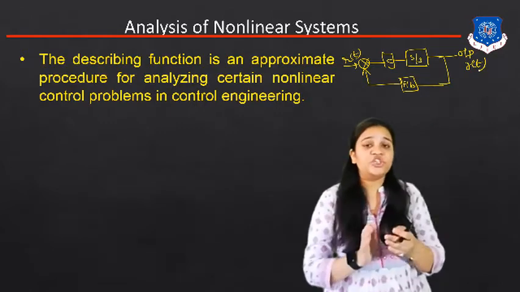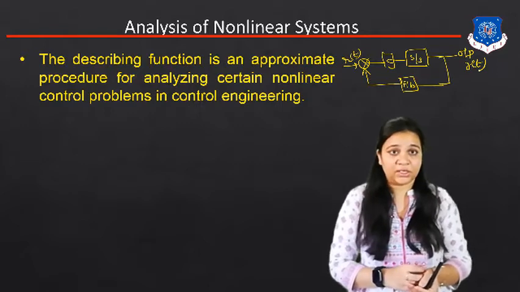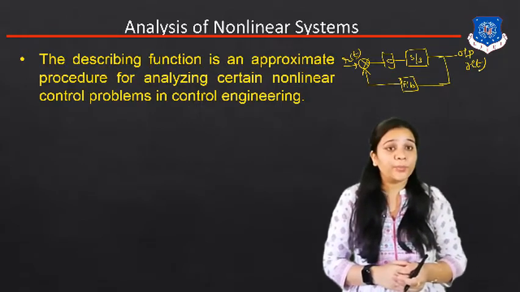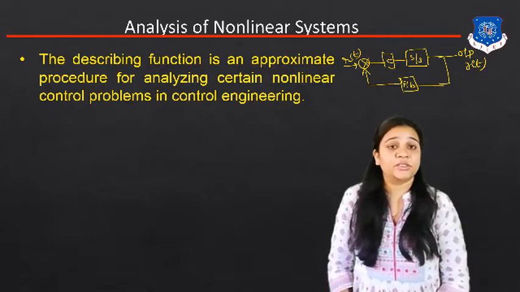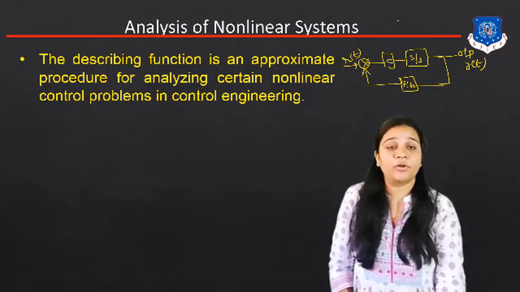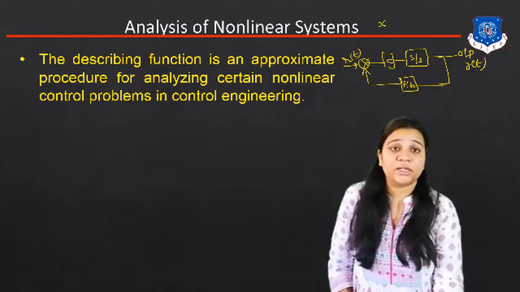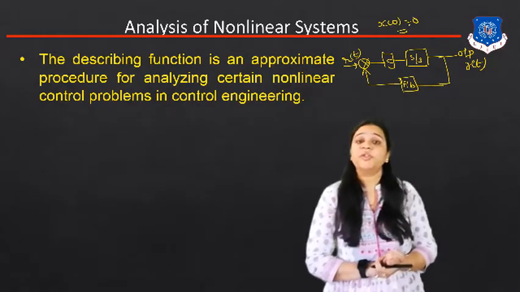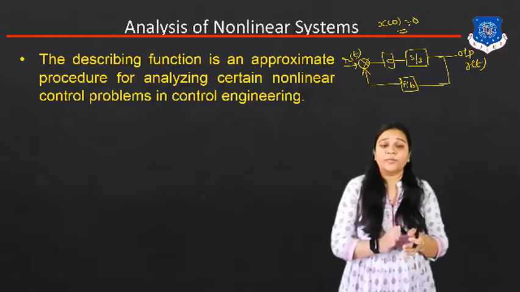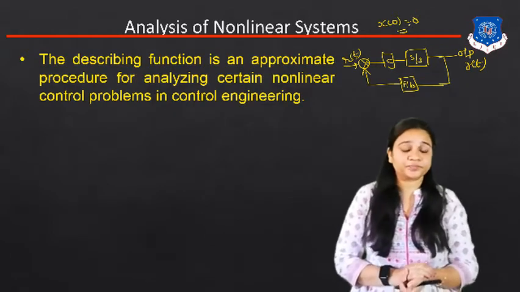Any change in the initial condition does not change the output of a linear system. As you are aware, we take the initial condition, suppose x(0) is equal to 0 in some examples. That type of system is known as a linear system.